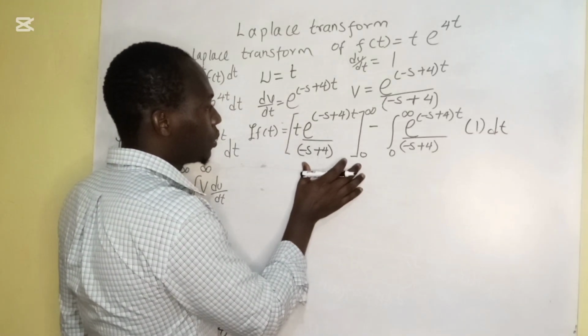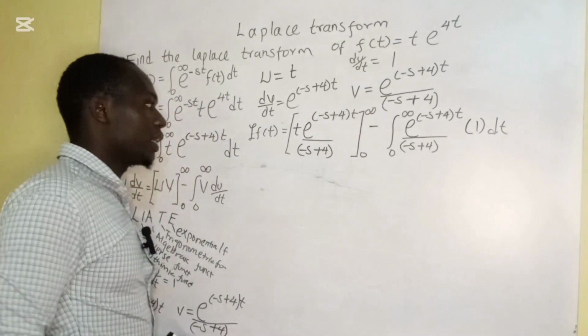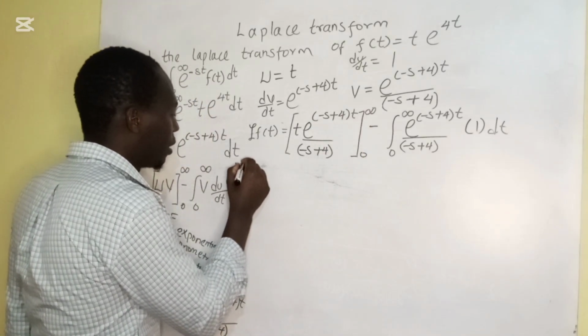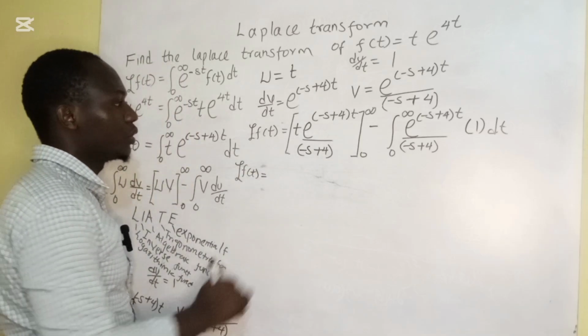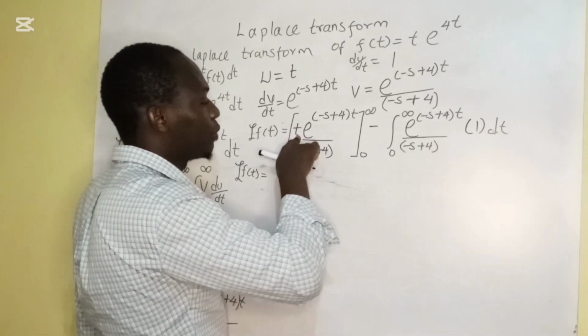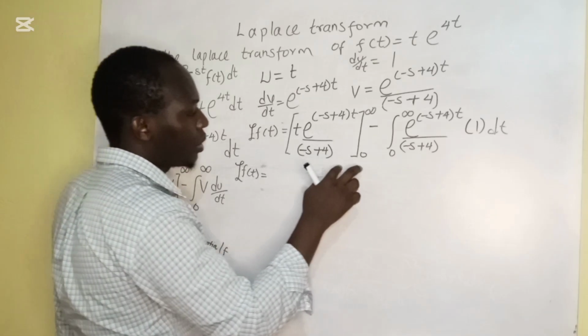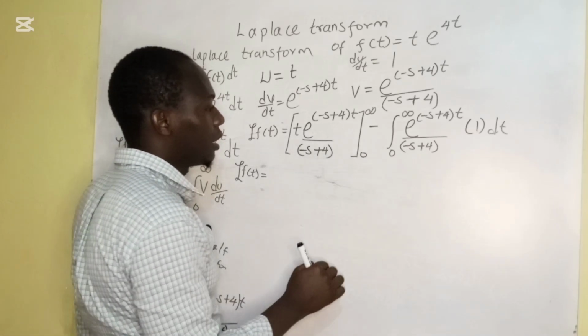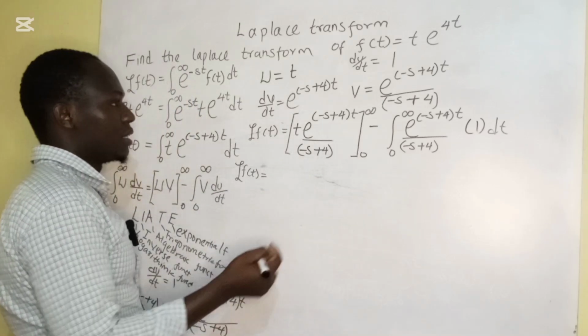Let us work out this bracket by inserting our limits, whereby the Laplace transform of our function f of t is going to be equal to, where we are having our term of t, we replace it with the upper limit, and when we insert our lower limit, where we are having t, we insert 0.